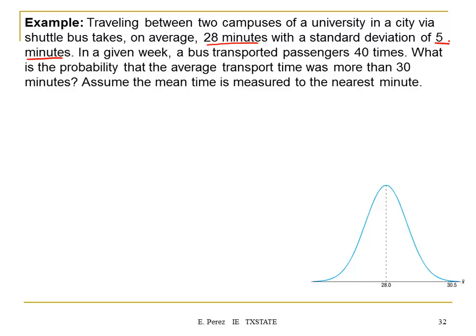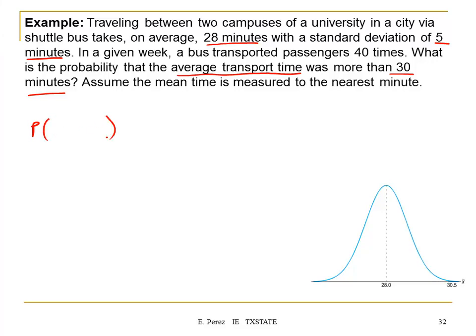In a given week, a bus transports passengers 40 times. What is the probability that the average, again, average transport time, that is our random variable, was more than 30 minutes?